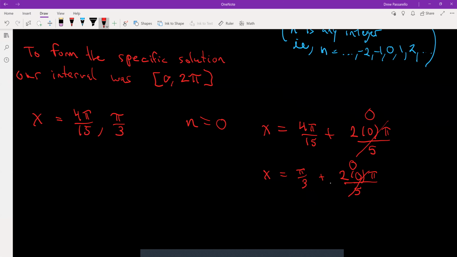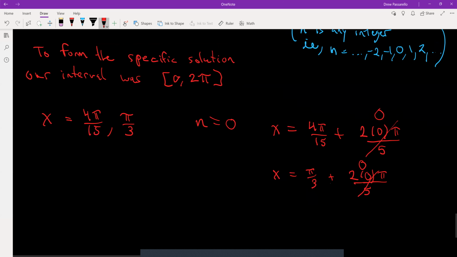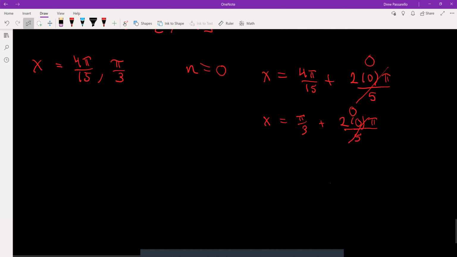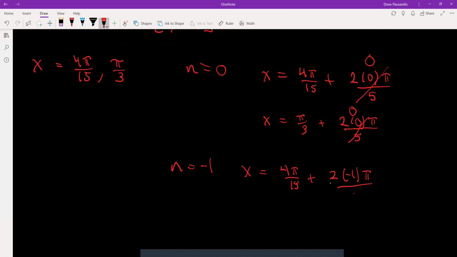All right, now the thing is, are these the only two? And really, I would just test different values. So if you did n as -1, for instance, that'd be plus 2 times -1 times pi over 5.